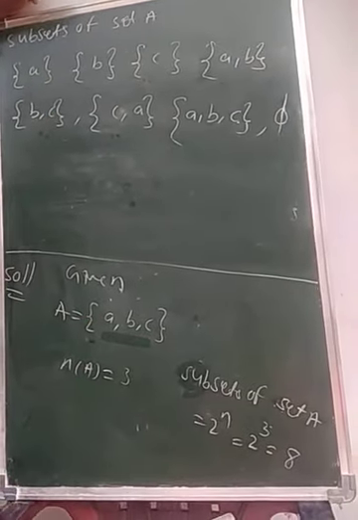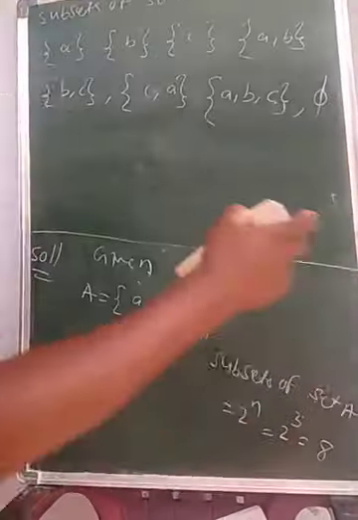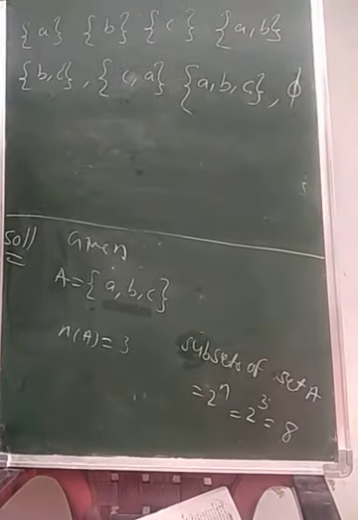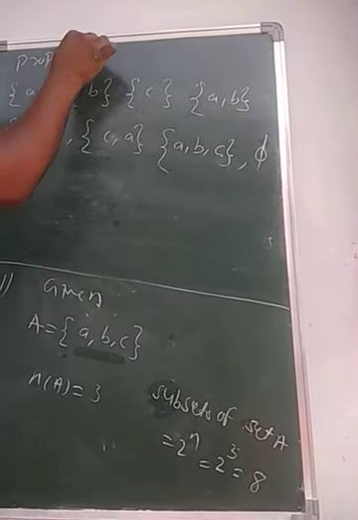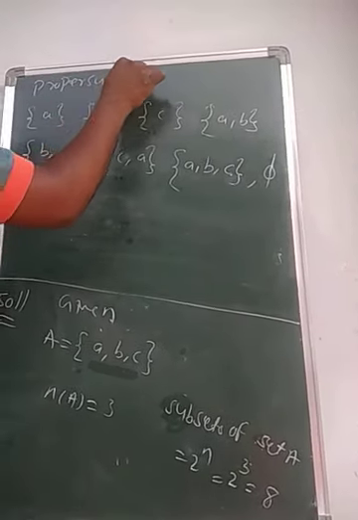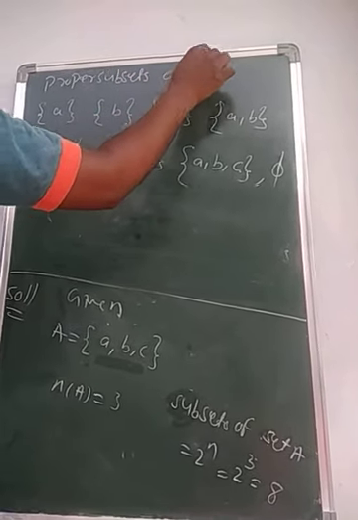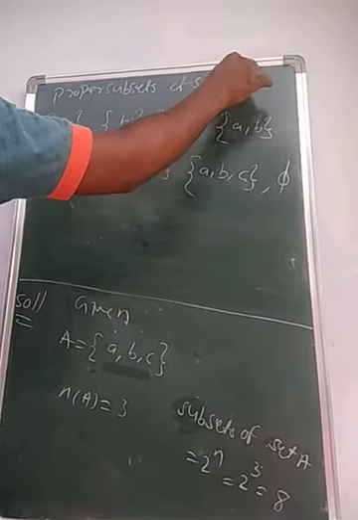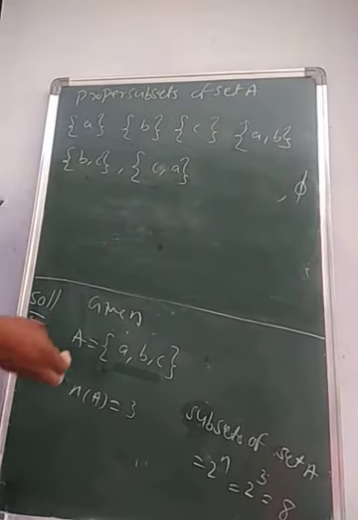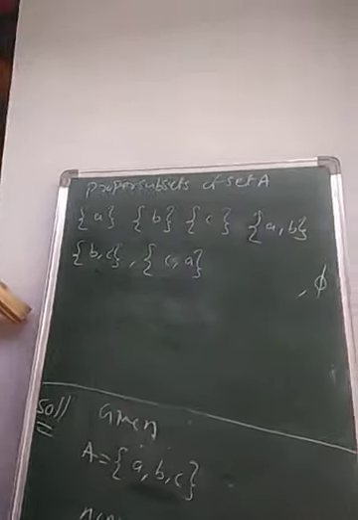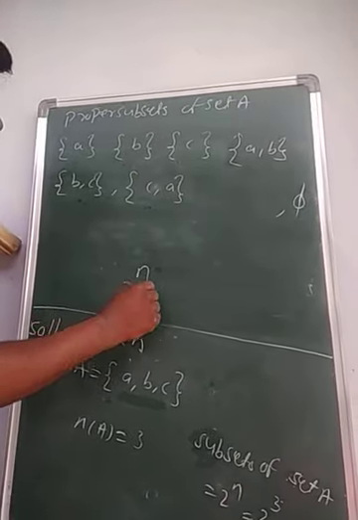If you want the proper subsets, these are the subsets. If you want the proper subsets of set A, that is equal to all except itself, the remaining are 2 power n minus 1.